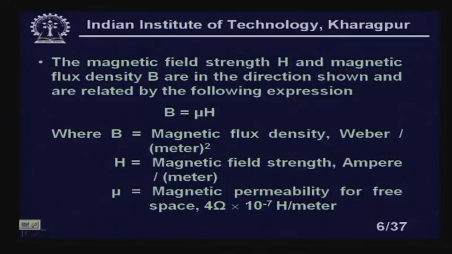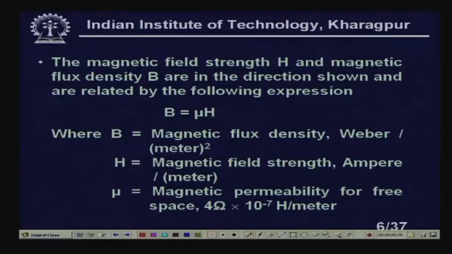We are interested to measure the magnetic field strength, and mu is the magnetic permeability for free space, which is 4 pi into 10 to the power minus 7 Henry per meter.